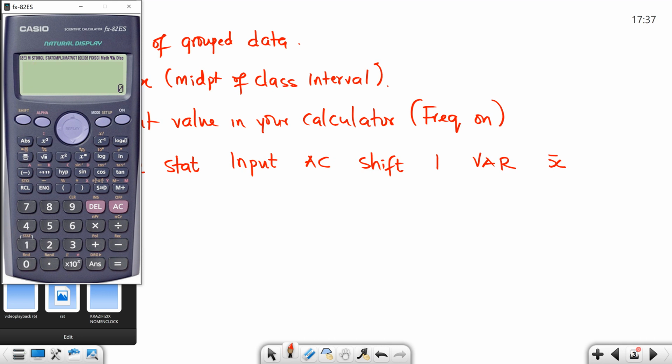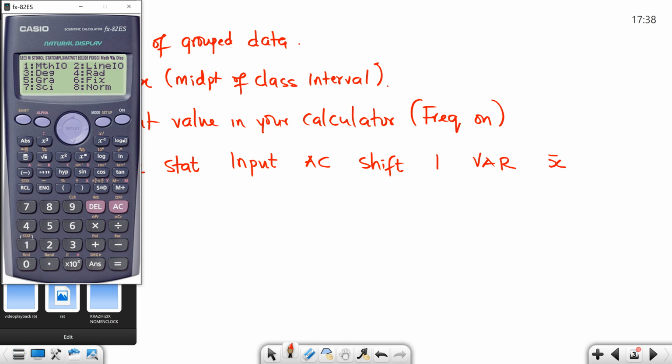Guys, let's go back to mode. No, sorry. Shift, mode. Okay, let us all be here. I'll go back so that we all do it at the same time. Shift, mode. That's the setup. We should all be here right now.